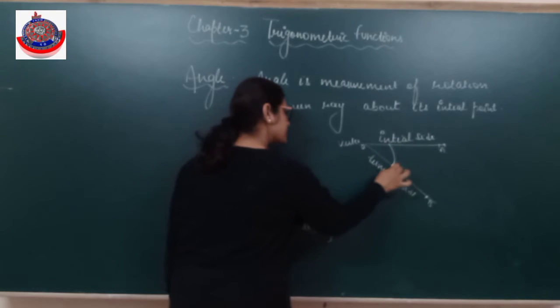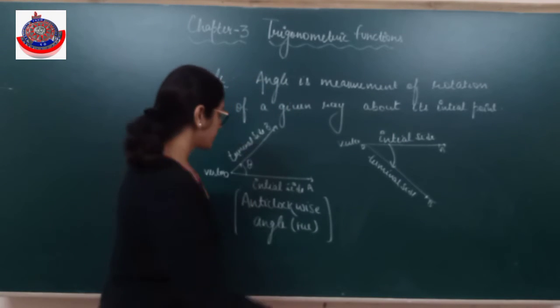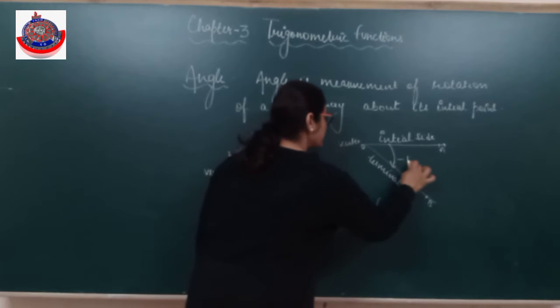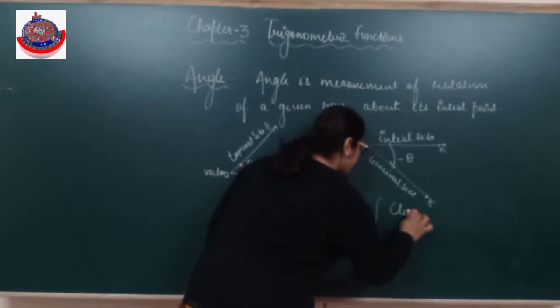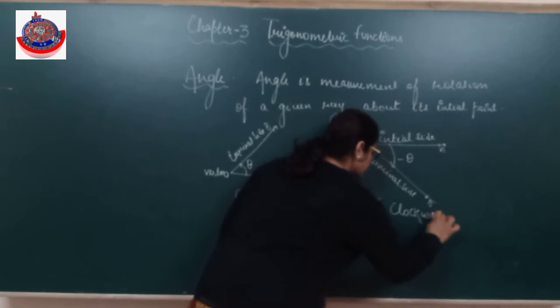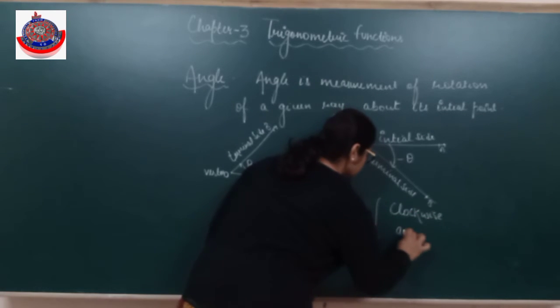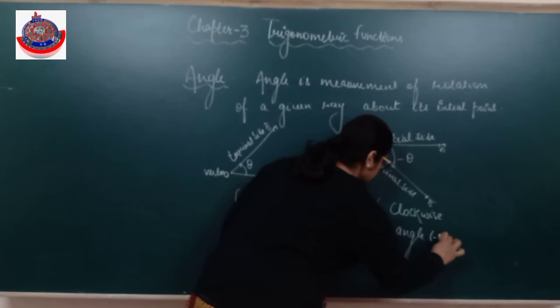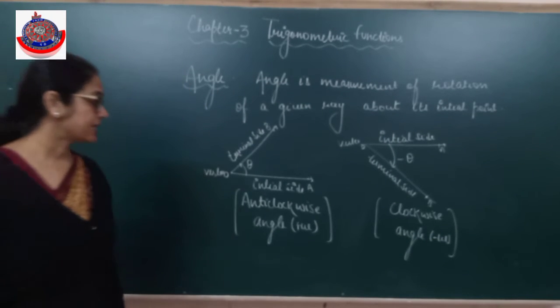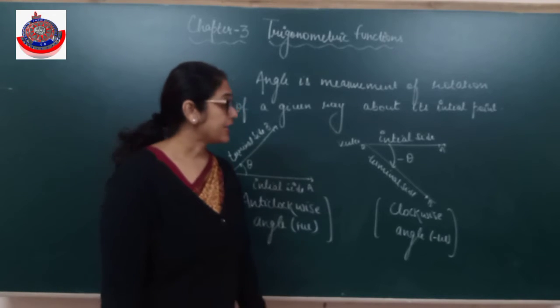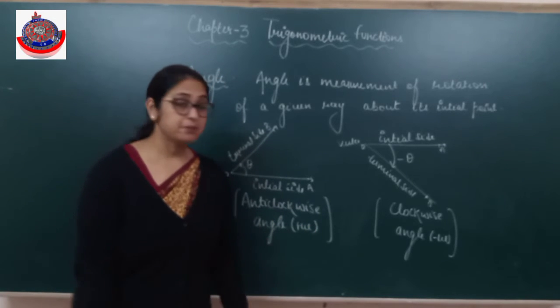Now the angle is measured like this in the clockwise direction. So this is going to be minus theta. So whenever the angles are measured clockwise, angles are negative. So this you need to keep in mind.